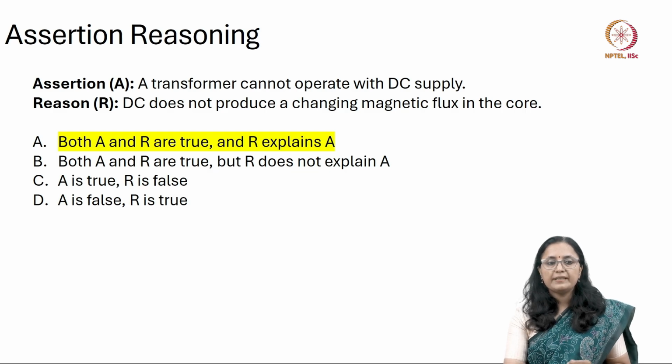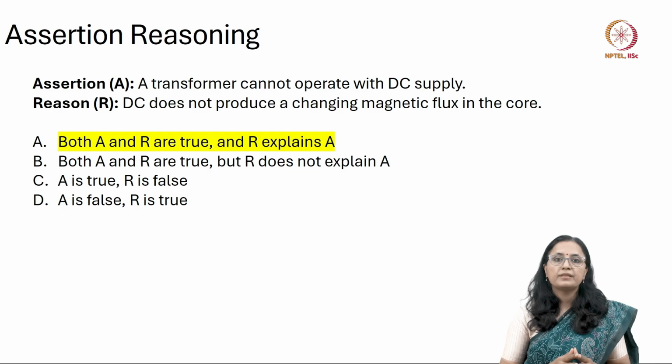So basically in this question, we know that a transformer works with electromagnetic induction, and this requires changing magnetic flux to induce voltage in the secondary winding, and we know that DC is constant. Okay, and it cannot create changing magnetic flux. So definitely our assertion is true. If we look into the reason, what does the reason state?